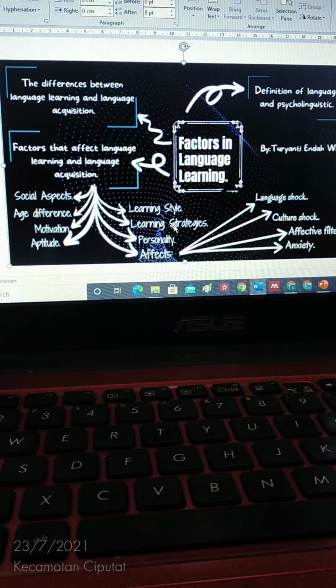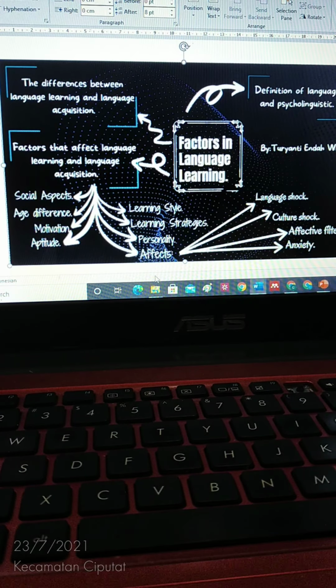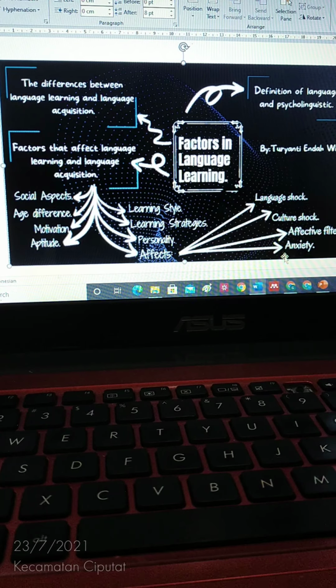Okay. Next, affect. Let me see what is affect. Affect is divided into language shock, culture shock, affective filter, and anxiety.